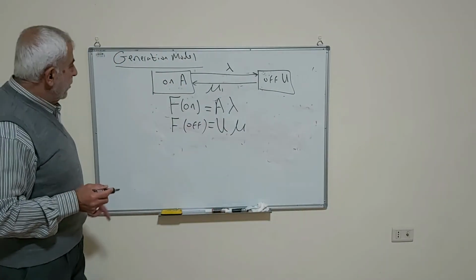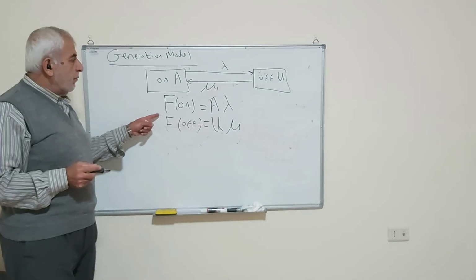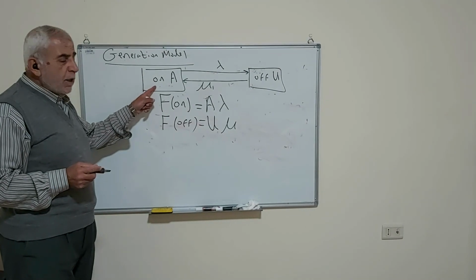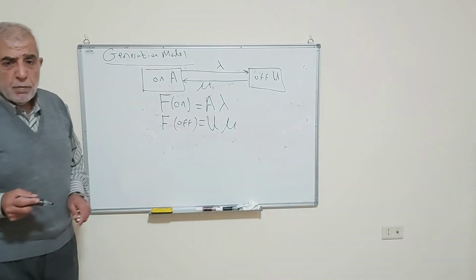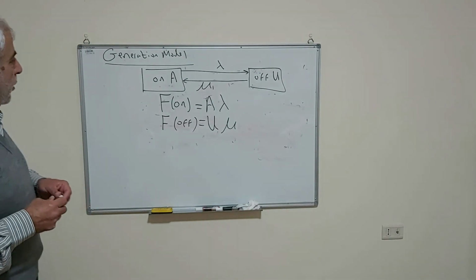Okay? So therefore, this is the definition of frequency: the probability of being in a given state times the rate of departure from that state.